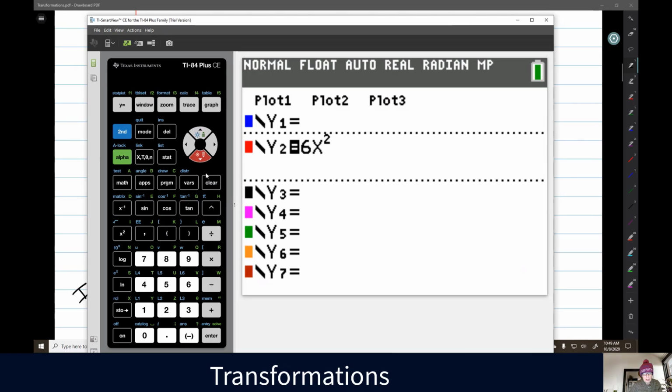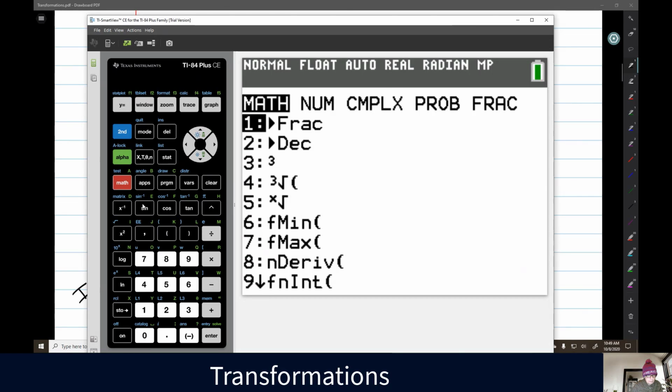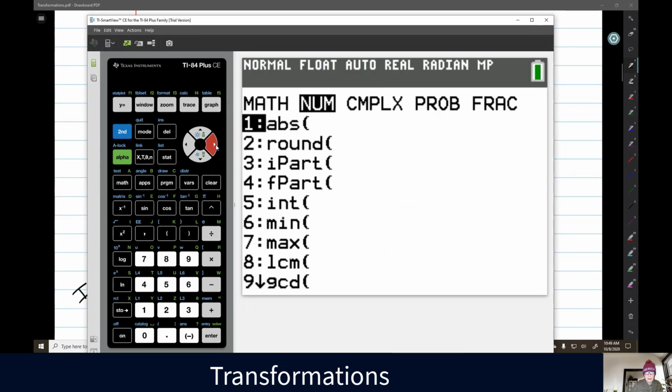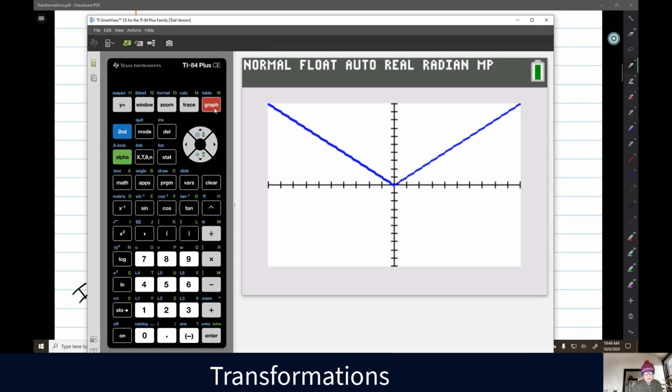if we go to the absolute value of x. No, I went to math, didn't I? Yeah, okay, there we are. There is the absolute value of x up close and personal.